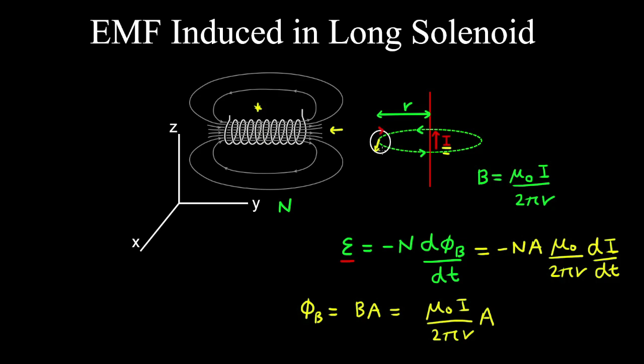So the current in this solenoid is going to flow clockwise. So effectively we take advantage of the right hand rule to determine the relationships between the current, electromotive force, and magnetic flux. And note that using SI units, the units of EMF will be in volts.